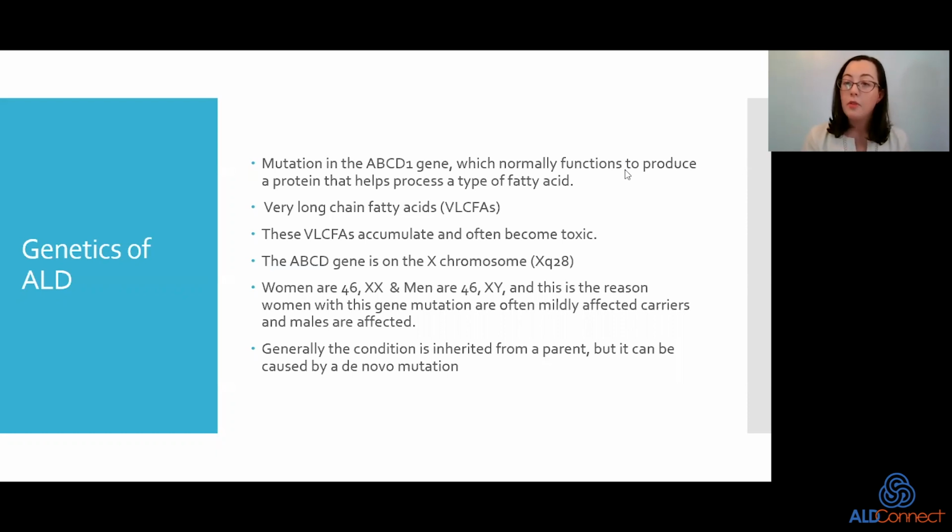They could have some mild to moderate symptoms, whereas males are generally affected and at risk for a more severe presentation of the condition. Generally speaking, this condition is inherited from a parent, but there have been a few cases where it's caused by a de novo mutation in the gene, meaning a mutation that occurs sporadically or randomly at the moment of conception for that child, okay?